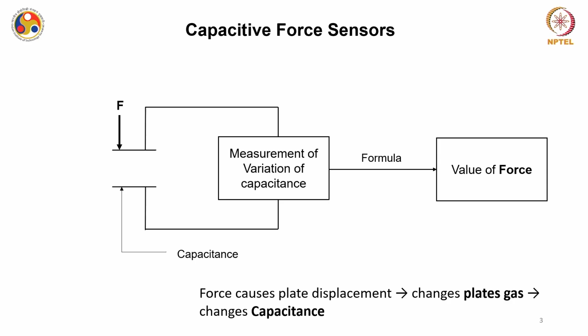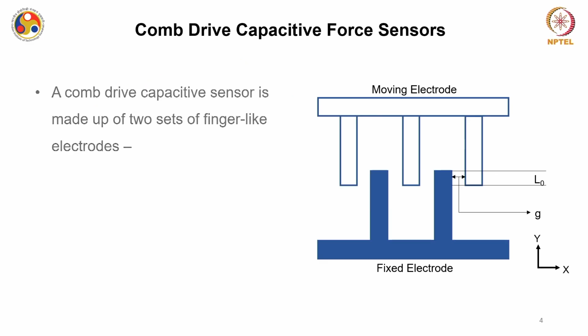So you are applying some force, and by applying this force, what is the change in the capacitance value? This capacitance value is changing because the d value is changing. So you measure the variation of the capacitance and then you calculate the value of the force. Force causes the plate displacement, which changes the plate gap, and because of that there is a change in capacitance.